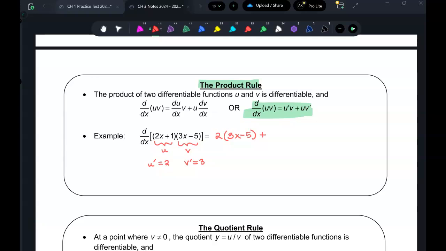Always a plus sign in between, unless, of course, one of those other values is negative. And now U is 2x plus 1 times 3. Let's multiply that out, and then all we need to do is combine like terms. That's going to give us 6x plus 6x, so 12x minus 7.